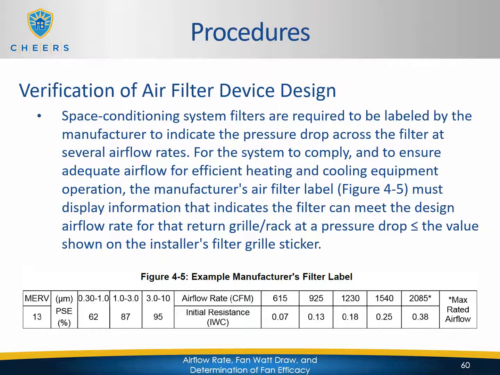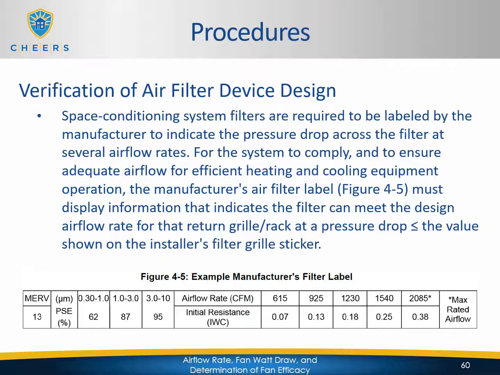What we're going to be looking at here is the right hand side of the label. The top row is the airflow rate, and the bottom one is the initial resistance. Let's say for example that it was designed for 900 CFM, and it was designed to have a 0.14 initial resistance.